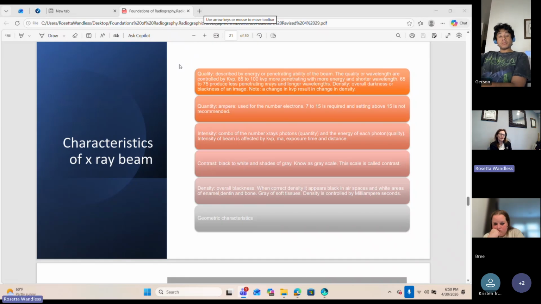The range of kVp, now we do not have the ability to change that setting. As I said before, the factory already presets that amount of power that the machine generates, okay?